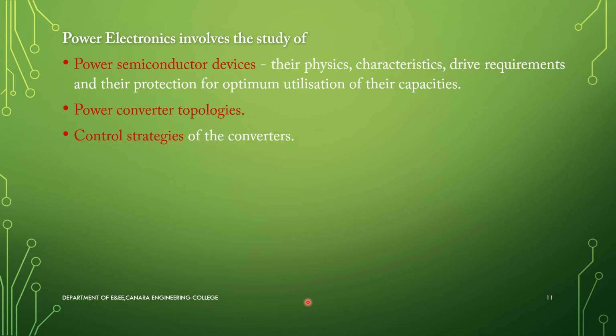Next comes the design of the controller. We need to decide on the control strategy. And when coming to the driver circuit for a gate or for the base of the transistors or thyristors, we can design it in analog or digital. Usually we go for digital design.